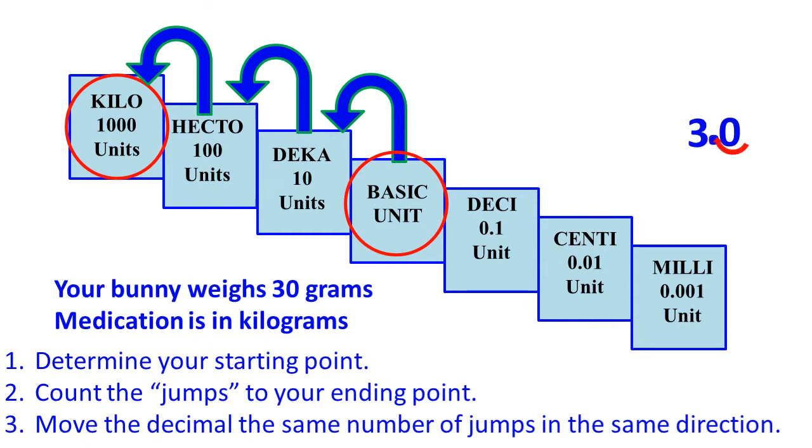So if you move your decimal point to the left 3 times, adding zeros if you run out of room, the 30-gram bunny weighs 0.03 kilograms. Even though we rarely use the 10 and 100 levels, as you can see, we need to know that they are there and able to use this ladder system.